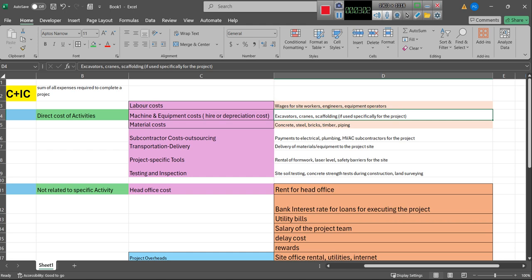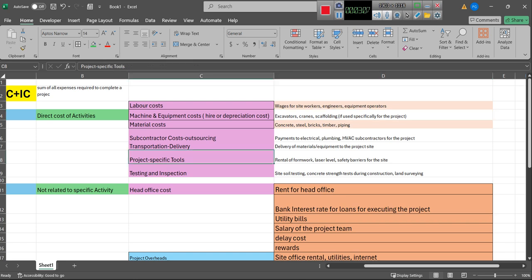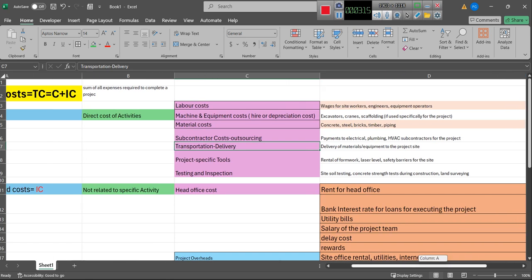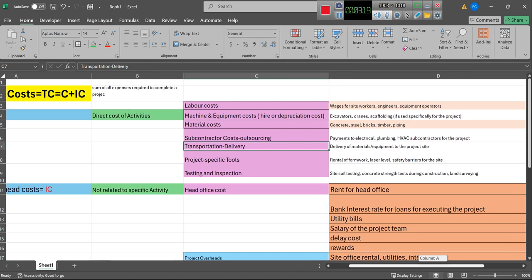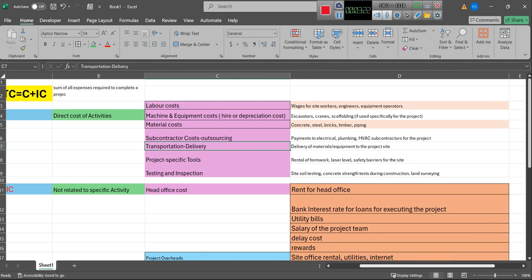We put that as a lump sum price, as a fixed cost. Then you have transportation and delivery from any supplier: delivery of the material or equipment to the project site can come under this part. Then specific project tools, for example rental of the formwork, laser level, or safety barrier for the site.